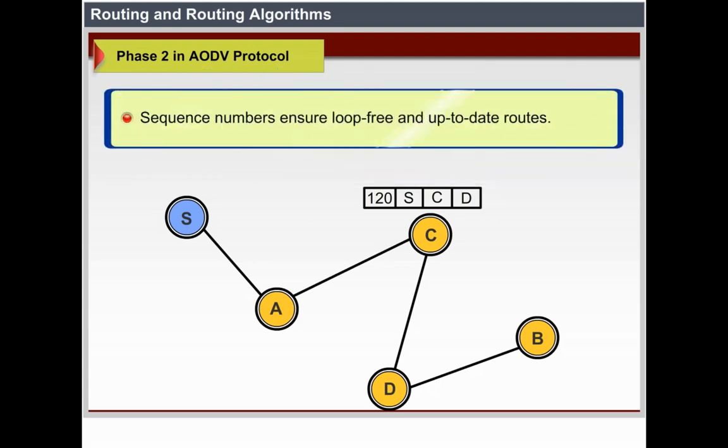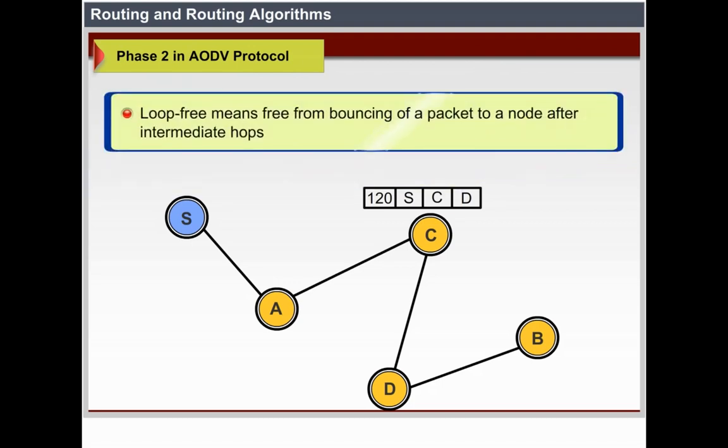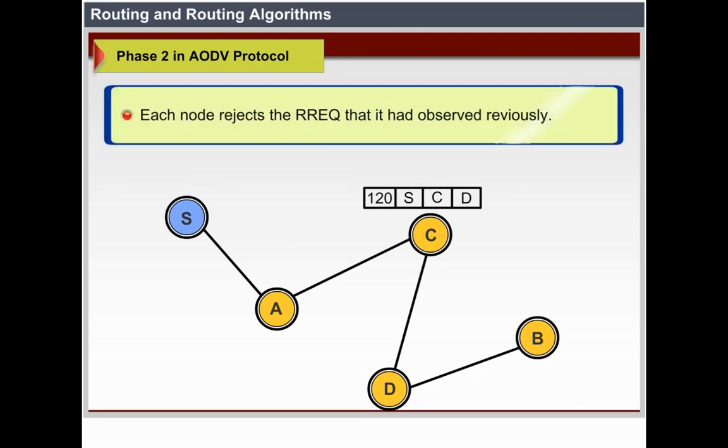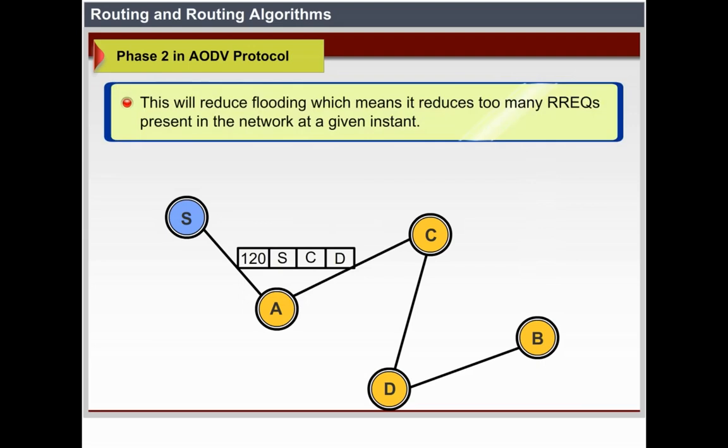Sequence numbers ensure loop-free and up-to-date routes. Loop-free means free from bouncing of a packet to a node after intermediate hops. Each node rejects the RREQ which it had observed before. This reduces flooding, which means it reduces too many RREQs present in the network at a given instant.